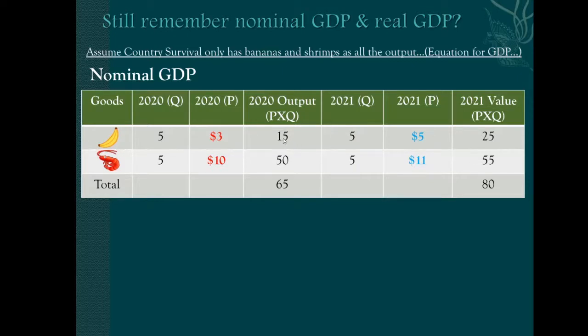So nominal GDP is not very accurate. Even in a situation like this, it seems like you are having a better economy the next year. And that's why we prefer using real GDP. That is why when you're using the AD-AS curve, on the x-axis we always talk about real GDP.